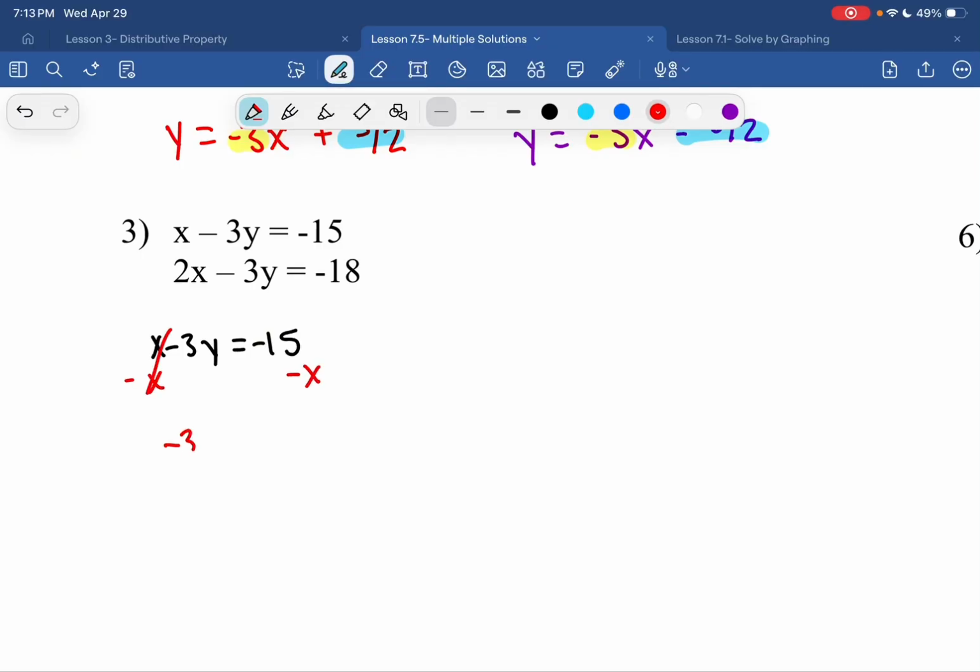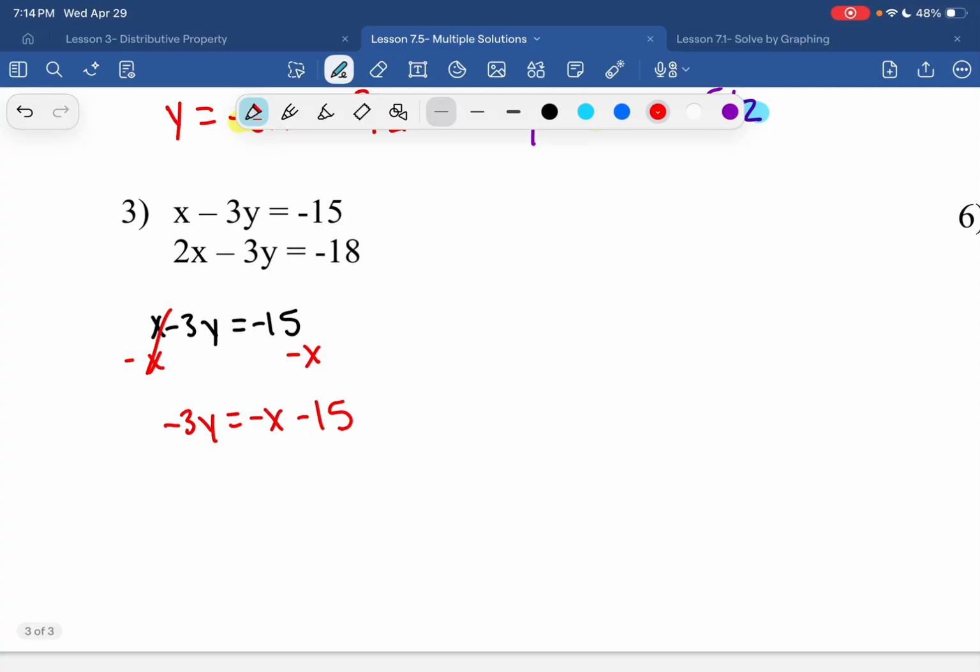I now get -3y equals -x minus 15. And you must divide by -3 to all terms in your equation, which gives you positive y. A negative divided by a negative is a positive. So for our first one, we have y equals 1/3 x plus 5.